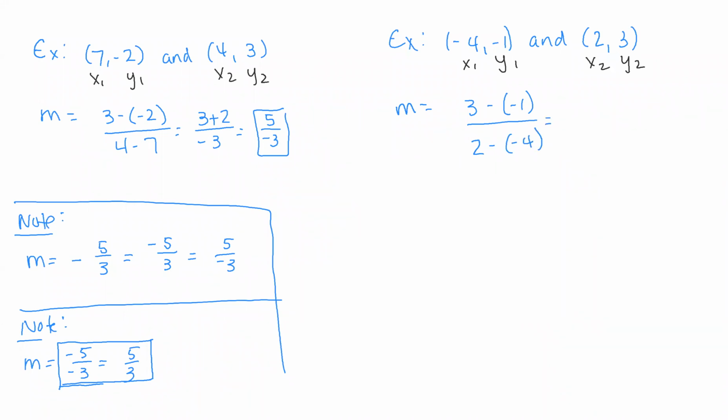Watch your signs. 3 minus negative 1 is really 3 plus 1. 2 minus negative 4 is 2 plus 4. So I get 4 over 6. Now, both 4 and 6 are positive, so we'll just leave this positive, but I do want to reduce. 4 and 6 have a 2 in common, so I divide each by 2, and I get positive 2/3. So there you have it. That's just the basics of how to calculate a slope.